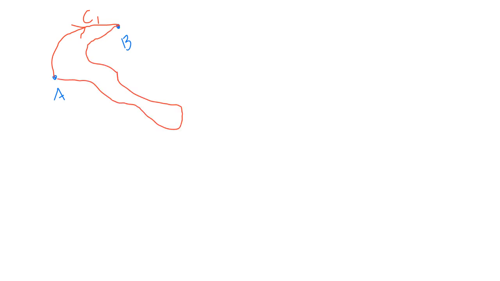Okay, so for instance, if you had a conservative vector field, and this were your point A, and this were your point B, and this were path C1, and this here was path C2, the work would be the same if you had a conservative vector field.